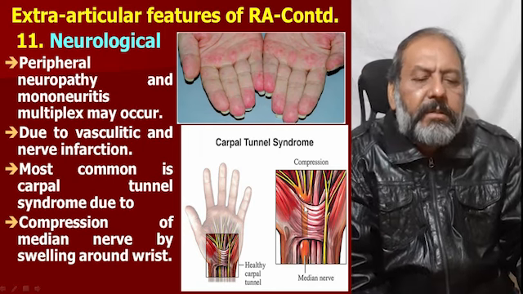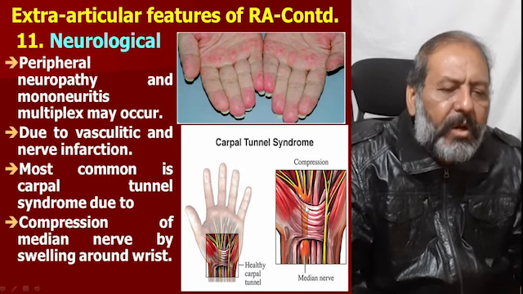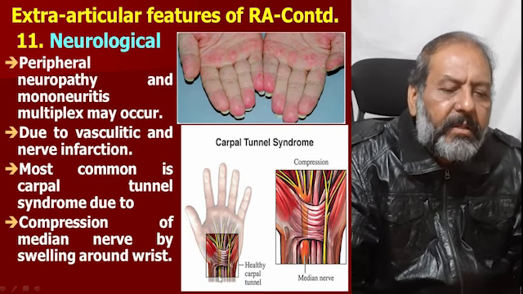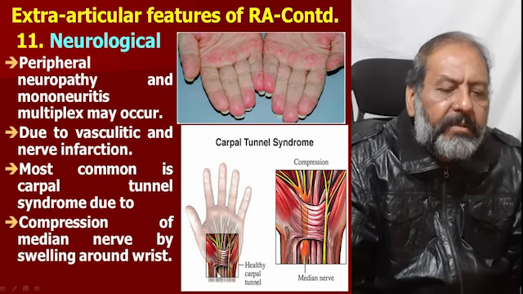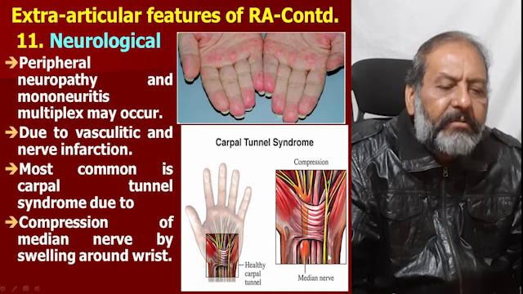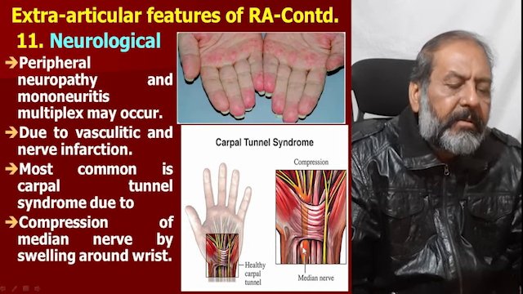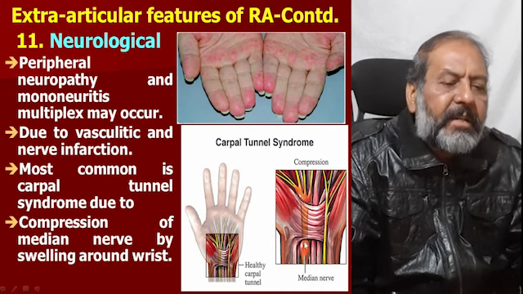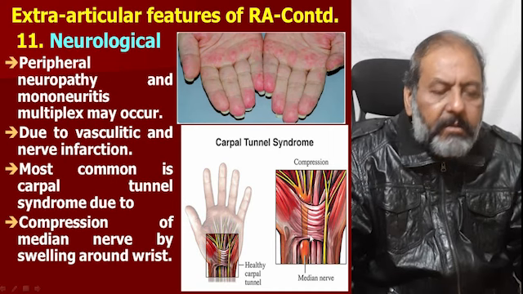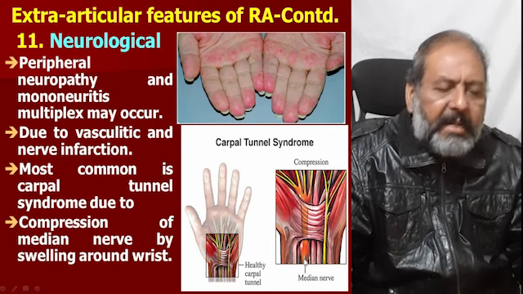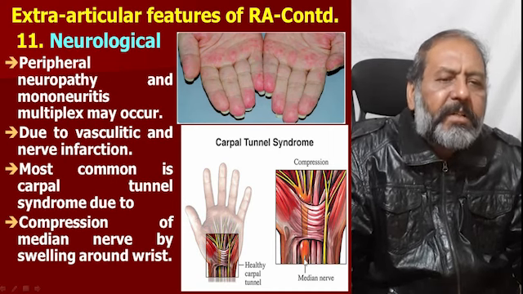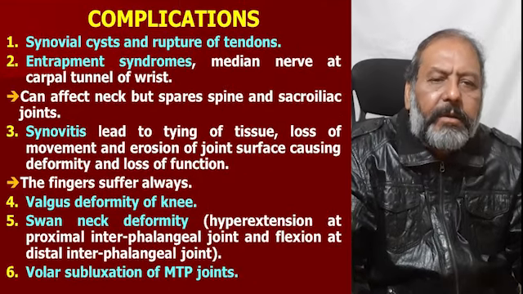That is a complication of rheumatoid arthritis. Here one can see the median nerve is passing very smoothly, and here the median nerve is being trapped and compressed by the retinaculum, and it is a complication of rheumatoid arthritis.